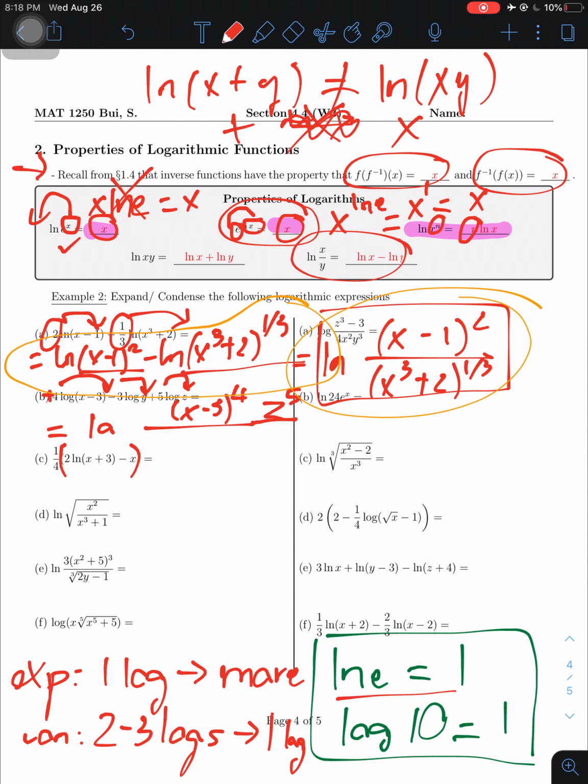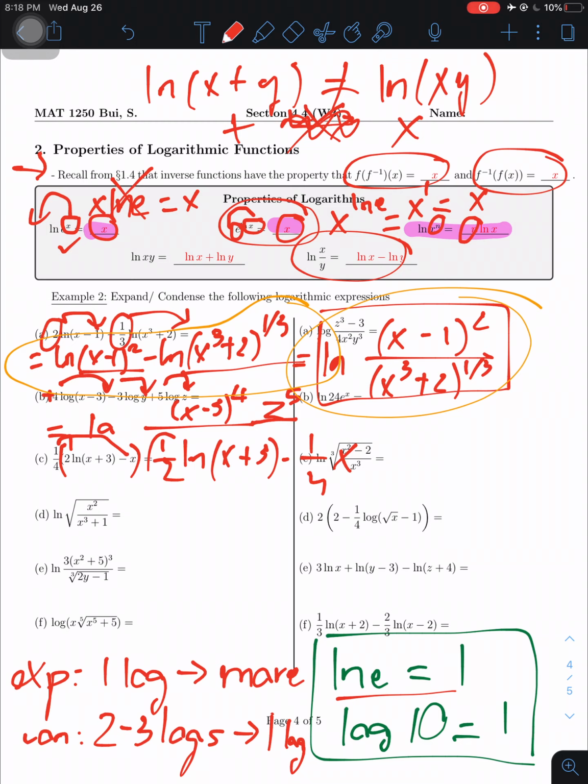So what we're gonna do is distribute the 1/4 into the first term and the second term. So 1/4 times 2, we're gonna have 2 over 4, which is 1/2. And then ln of x plus 3. And then after that, we're gonna get 1 over 4 x, and there is supposed to be a minus sign here, like that, okay?